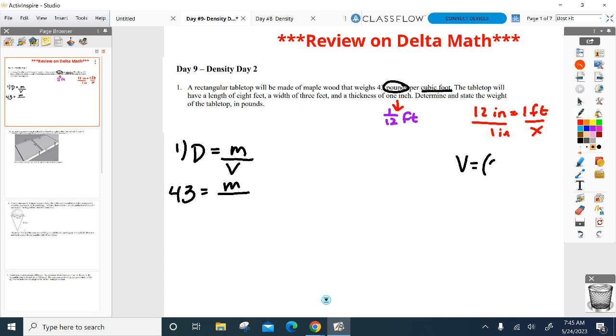So I'm going to multiply 8 times 3 times 1/12. This is going to be the toughest part for us today, making sure they're in the same units and converting them to the same units. So we end up with 2 cubic feet. Plug it in for your volume, 2.